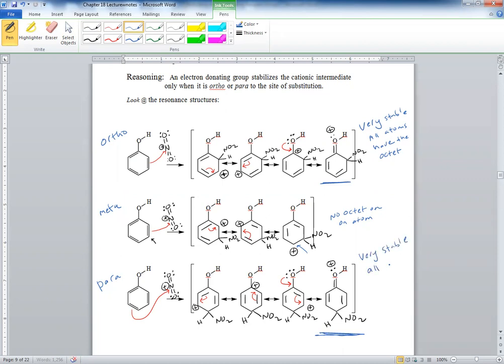All atoms have the octet. Every single atom has the octet. So that explains why electron donating groups, activating groups prefer the ortho and the para. And the meta is just a bad option.